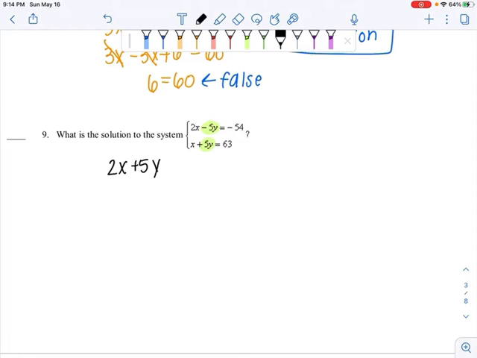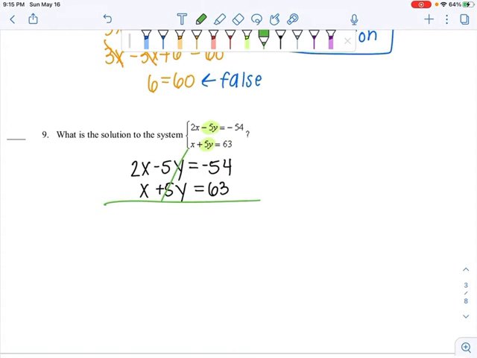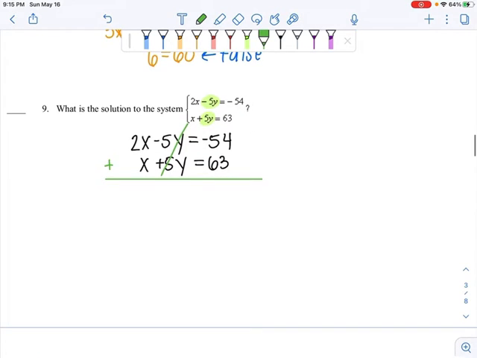So 2x minus 5y equals negative 54, and x plus 5y equals 63. Those cancel out, and since they're opposite signs, I can add. Remember, if they have opposite signs, you add, same sign, subtract. So if I add, I get 3x equals 9. Divide both sides by 3. That gives me x equals 3.